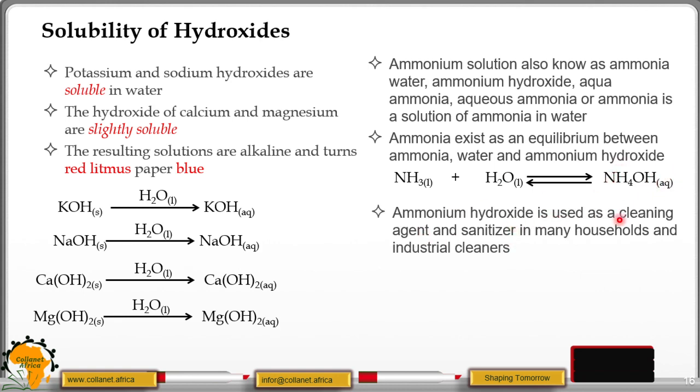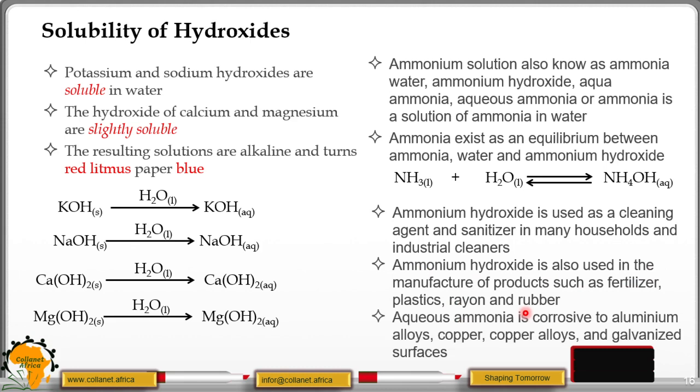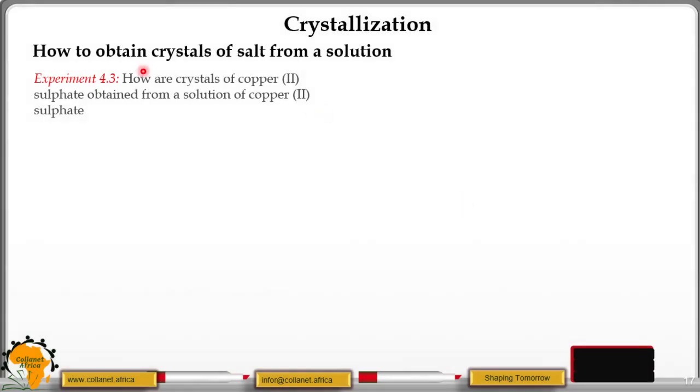Ammonium hydroxide is used as a cleaning agent and sanitizer in many households and industrial cleaners. It is also used in the manufacture of products such as fertilizer, plastic, rayon, and rubber. Aqueous ammonia is corrosive to aluminium alloys, copper alloys, and galvanized surfaces.